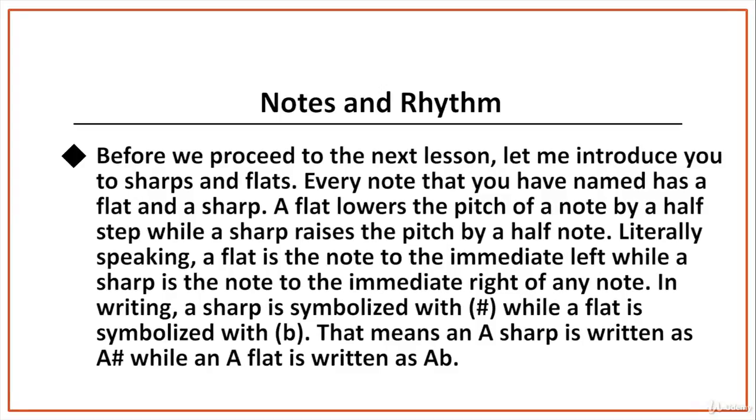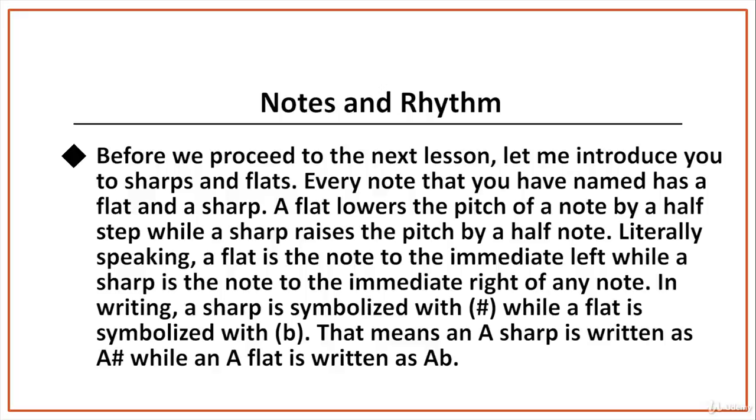Before we proceed to the next lesson, let me introduce you to sharps and flats. Every note that you have named has a flat and a sharp. A flat lowers the pitch of a note by a half step, while a sharp raises the pitch by a half step.